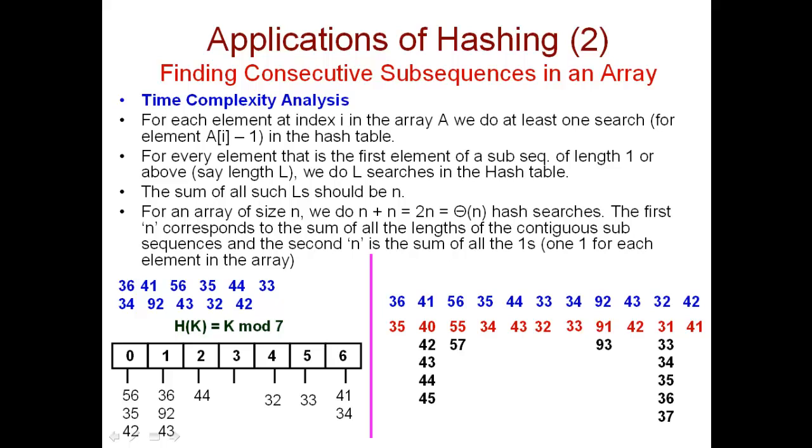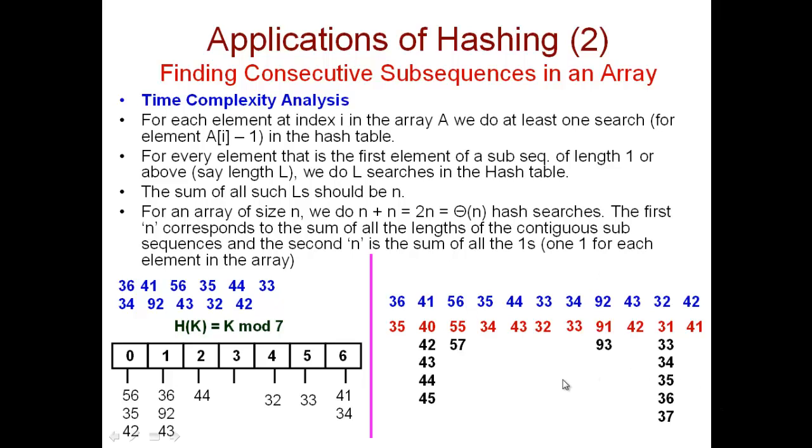So that's 4. That means we are checking for the existence of 4 of these elements in this hash table. So that will add up to that number. 57 is not in the hash table, but 57 minus 56 is 1. So that will be considered as one count, one hash search.